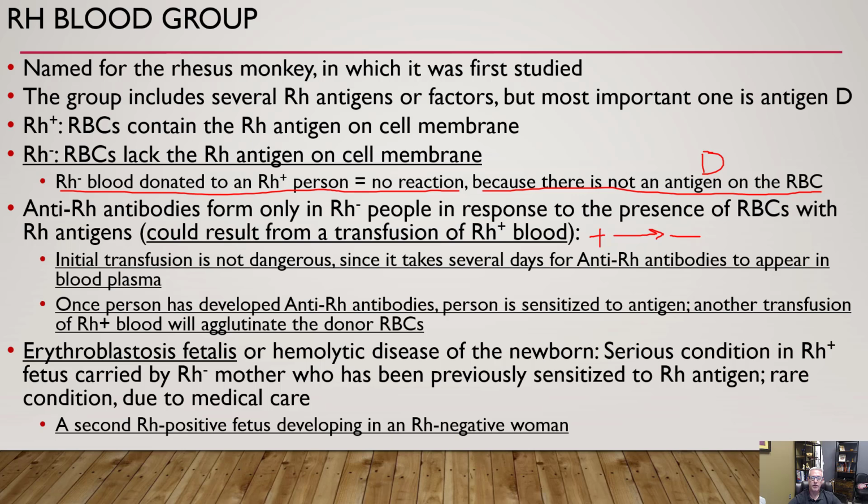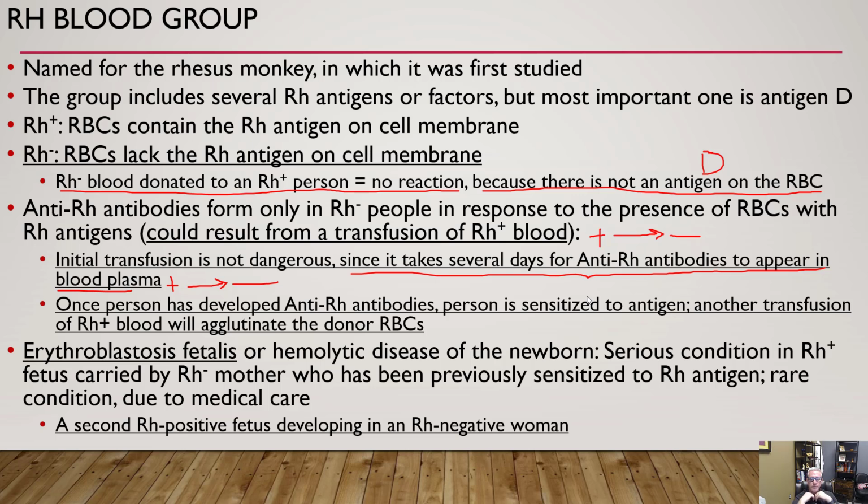Now, here's the caveat. This initial transfusion, the first time that you donate Rh positive to an Rh negative person, is not really dangerous because it's going to take several days for these antibodies to appear in your blood plasma. By that time, pretty much everything is done with. So that initial transfusion is not really going to do anything.